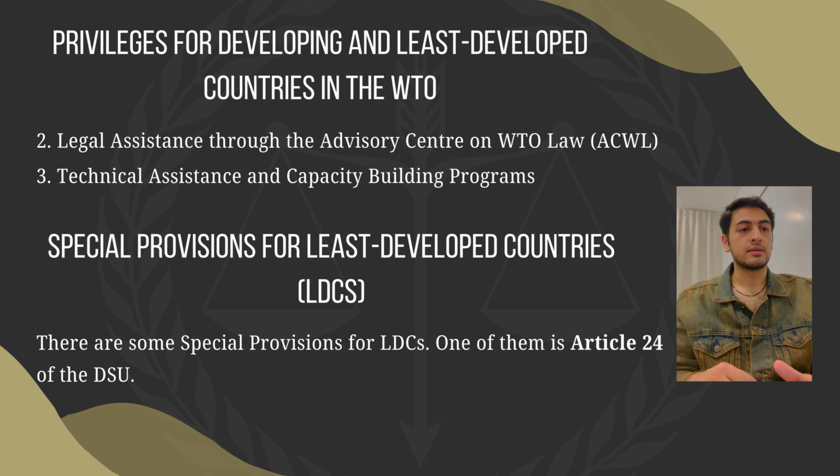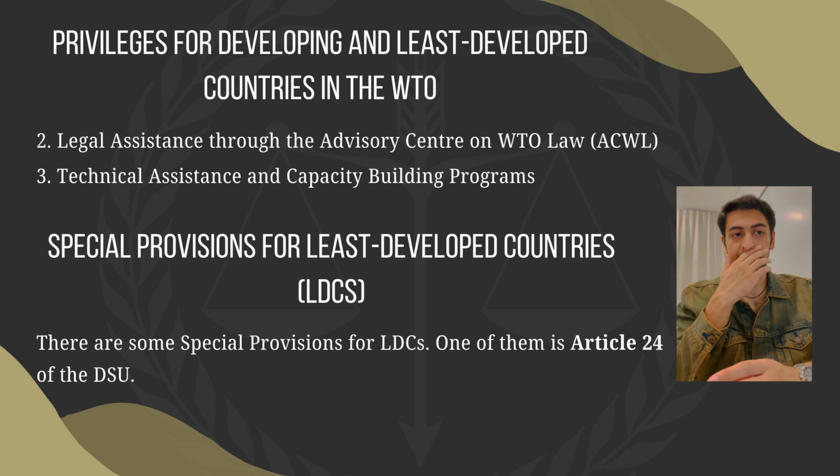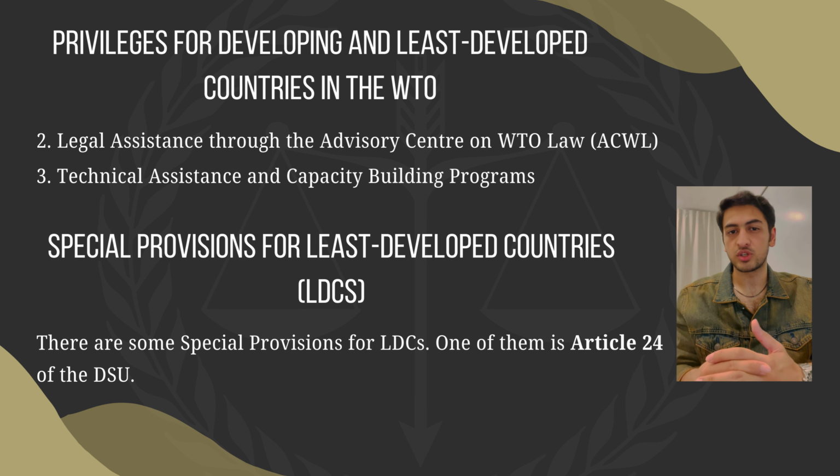Technical assistance and capacity building programs. The WTO provides ongoing technical assistance to help developing and least developed countries understand WTO rules and improve negotiation skills. These programs empower countries to participate efficiently in trade negotiations and dispute settlement processes.